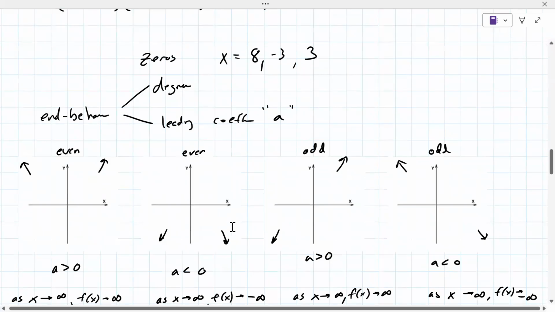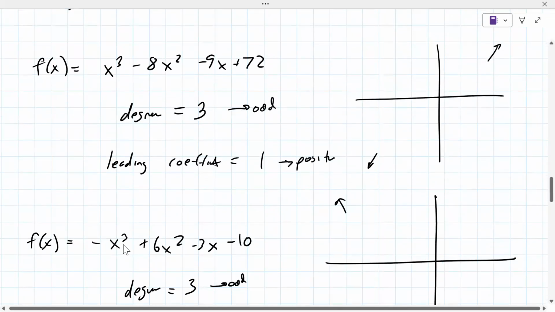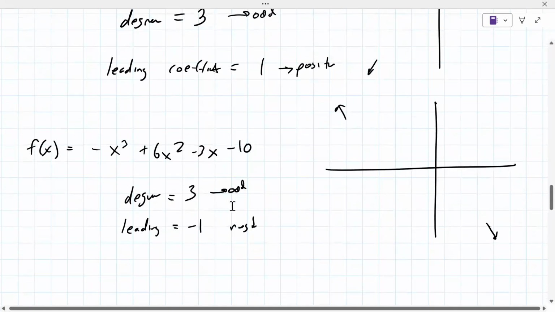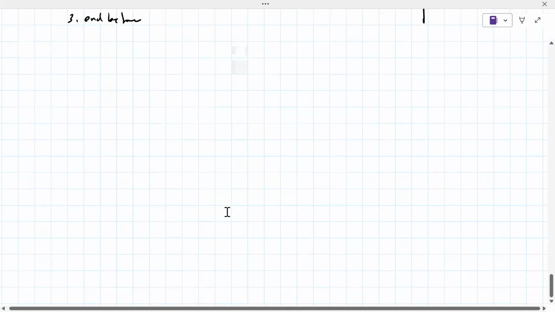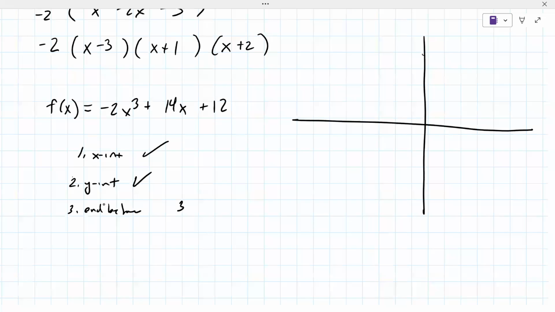It feels like you missed this whole part where I said end behavior is based on two things, the degree and the leading coefficient. And then we made these four graphs. And then I even asked you to do a couple of examples, which you did. You were there, you did those. And now you're telling me you don't remember how to do it. So the degree is just 3 then. Okay. And the leading coefficient? -2. Okay. So that gives you enough to figure out where the arrows go.